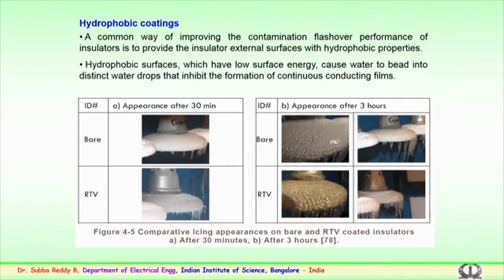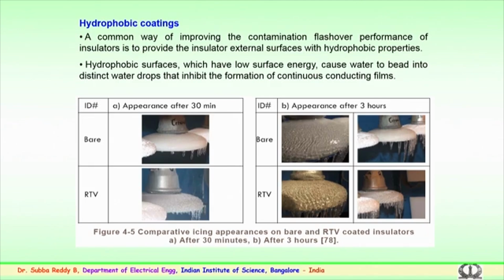So, various coatings we were discussing. One of them is the hydrophobic coating. This is an important one, as a common way to improve the contamination flashover performance of insulators is to provide the insulator external surface with a hydrophobic, that is water repellent, property, so that droplets and contaminants do not accumulate over a period of time.